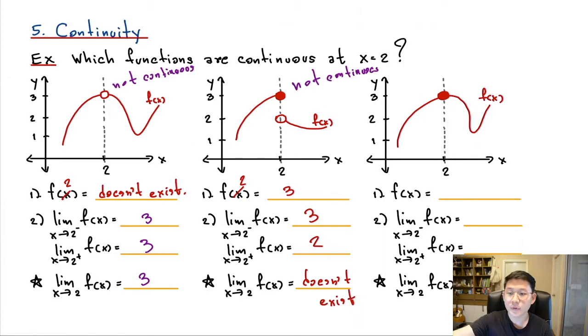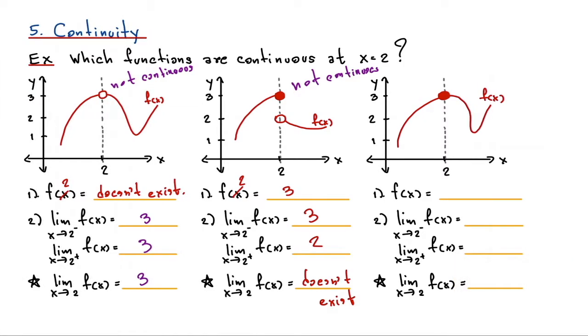For the last example, you can say that this one is continuous at x equals 2. Why? Because first, f(2) is actually 3, and the limit from the left is 3, the limit from the right is 3, and the limit is actually 3.